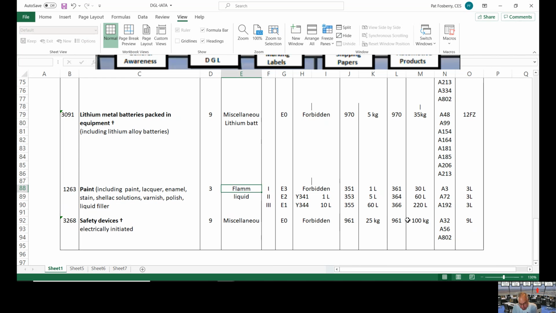Then the packing instruction goes down to additional packing requirements. First it says packagings must meet packing group 3 performance standards. What this is telling you is there is no packing group here, so you can't just ship it in anything. It has to at least be packing group 3, which most fiberboard boxes are, but it just means that it has to have that UN certification.